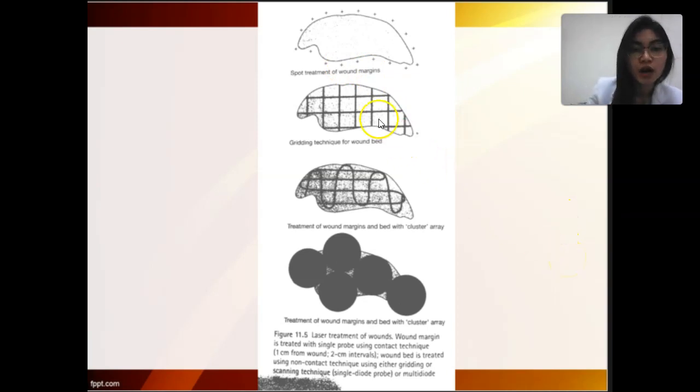Now, for your wound bed itself naman, no, pwedeng ganito yung point of application. Okay? If it's too big, ganun pa din, no more than 2 to 3 centimeter apart.